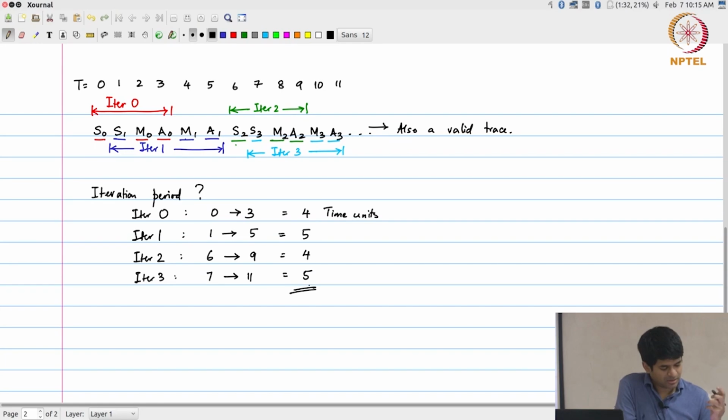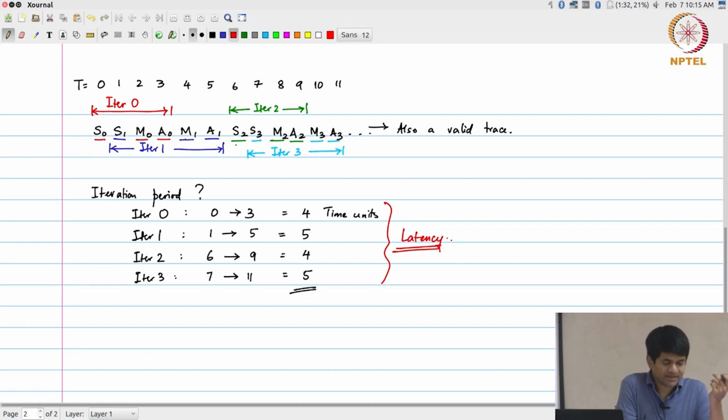This time required for finishing a particular operation is referred to as the latency. The latency essentially means the time required from the start to finish of a particular iteration. You can think of it as from the time that I give the inputs, how much time does it take until the last output is received.